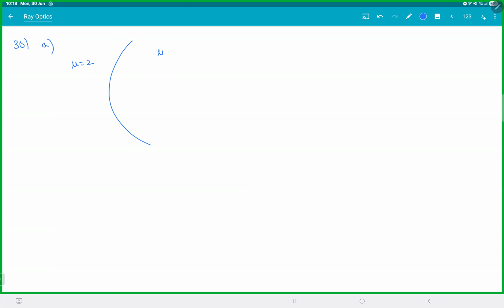Let's say mu is 3 by 2, radius 20 centimeters. Object is here, forty centimeter. Find the position of the image.